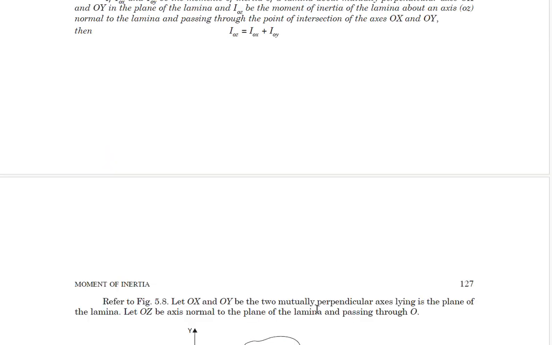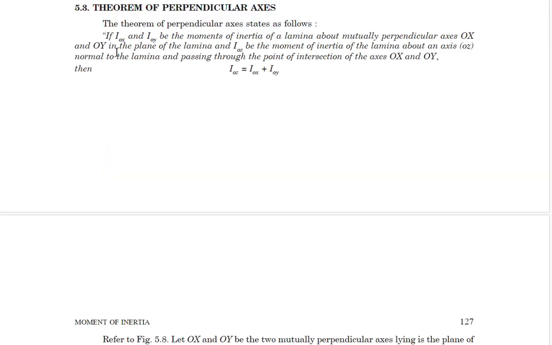So what does this mean? If IOX and IOY are the moments of inertia of a lamina about mutually perpendicular axes OX and OY in the plane of the lamina, and IOZ is the moment of inertia of the lamina about an axis OZ normal to the lamina, this equation helps us to find out the moment of inertia of the lamina about an axis which is perpendicular to its plane.